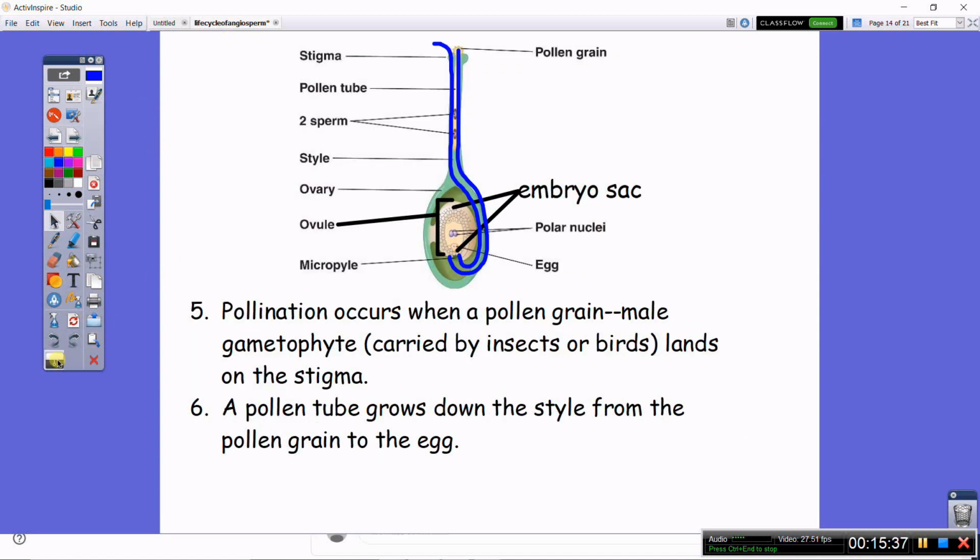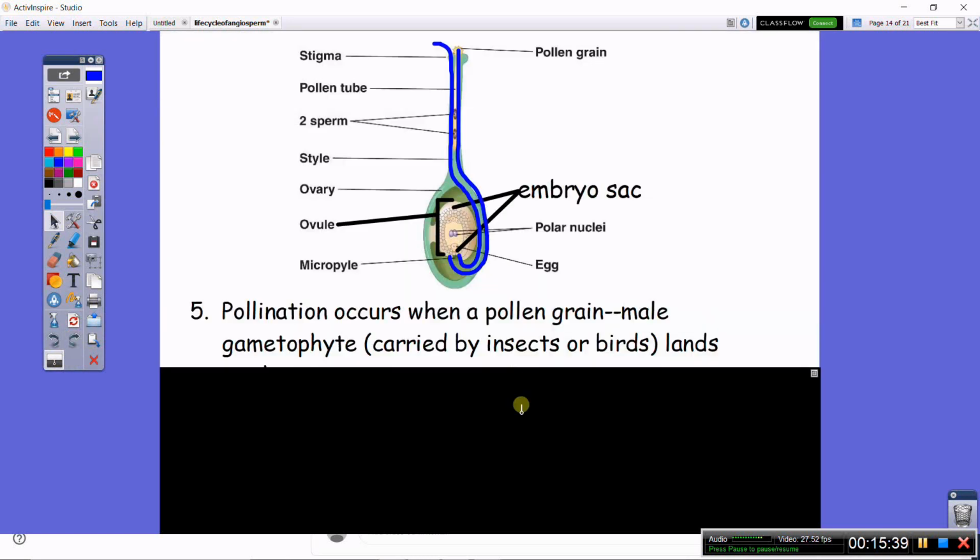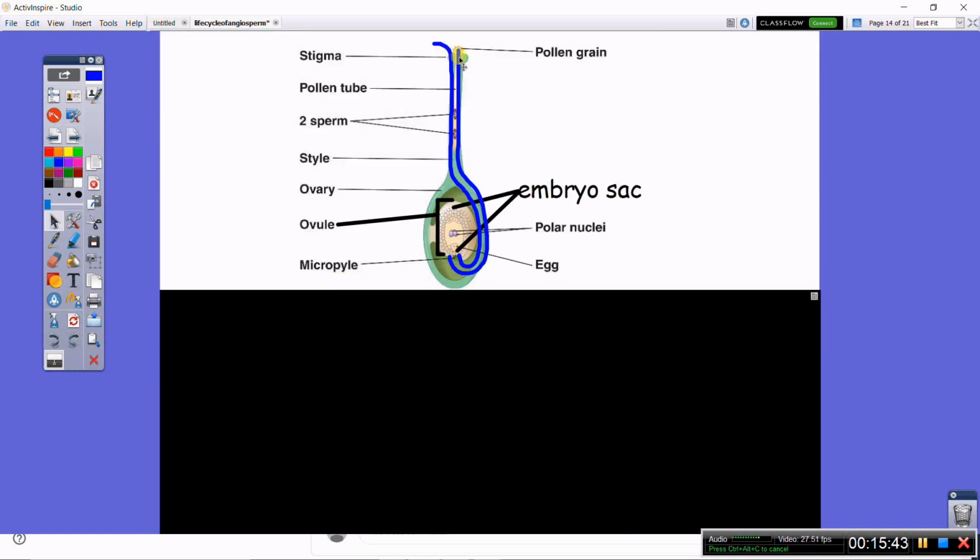All right. So let's talk about pollination. All right, let's look at our picture first. So I drew over it a little bit, sorry. But when a pollen grain lands on the stigma of the carpel, okay, if they are the same species, I know this is going to bring back other stuff from evolution, but remember how we talked about gametic isolation, and we said that a pollen tube's only going to form if it's pollen from the same species.